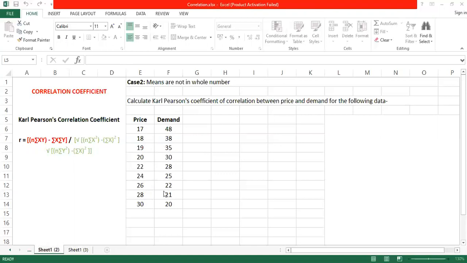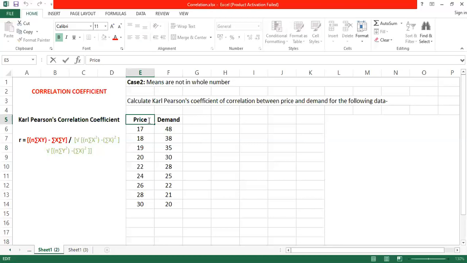So two variables, and we are interested to find out a relationship between price and demand. So we are supposed to answer three things: whether price and demand are related to each other or not. If at all they are related, what is the nature of their relationship? And finally, the degree of relationship. Fine. So we'll start solving it.